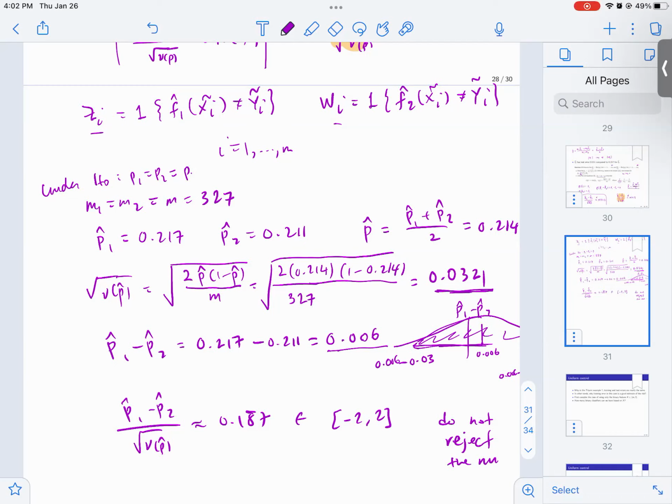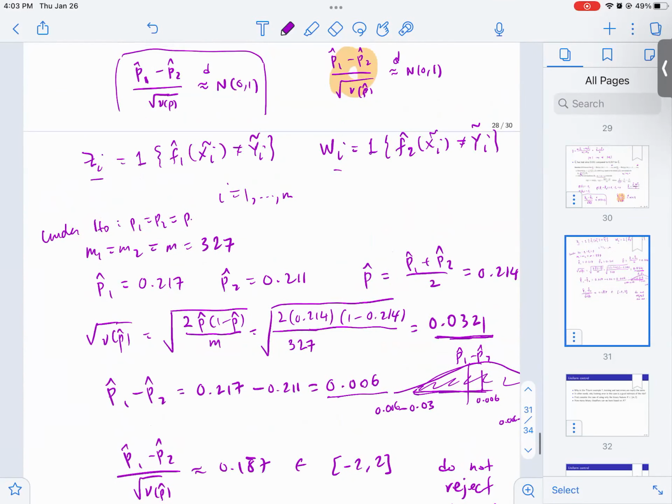I'm not trying to do a very precise calculation, but this is the statistical idea: you can use a little bit of statistical thinking. If you really want, you can try to calculate the actual variance. There's an interaction term, the covariance of Zi and Wi, because they're dependent. That would be a little bit tricky.